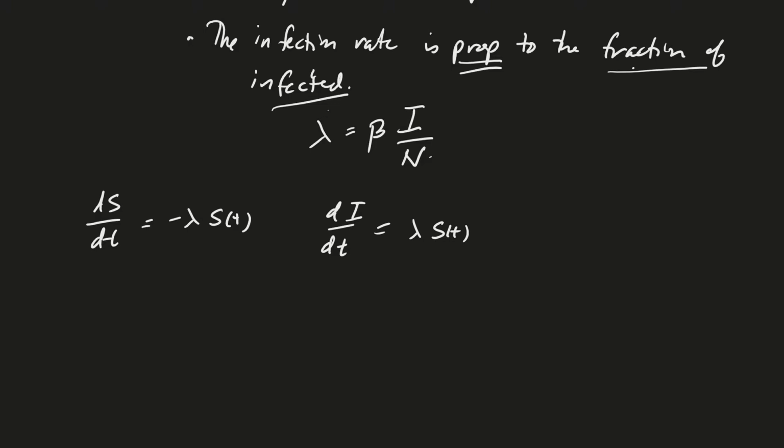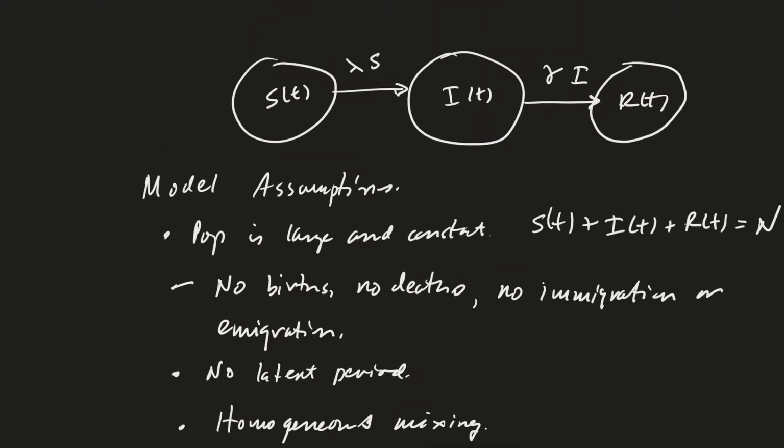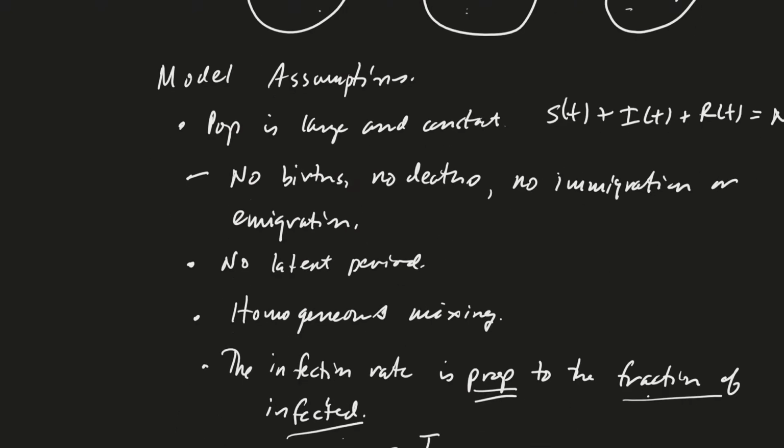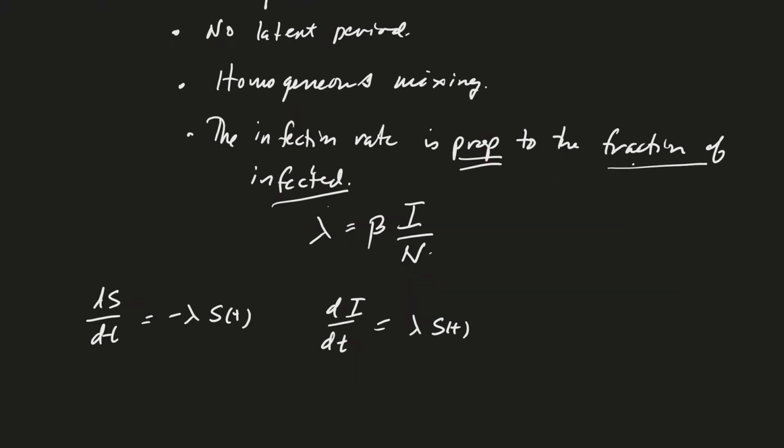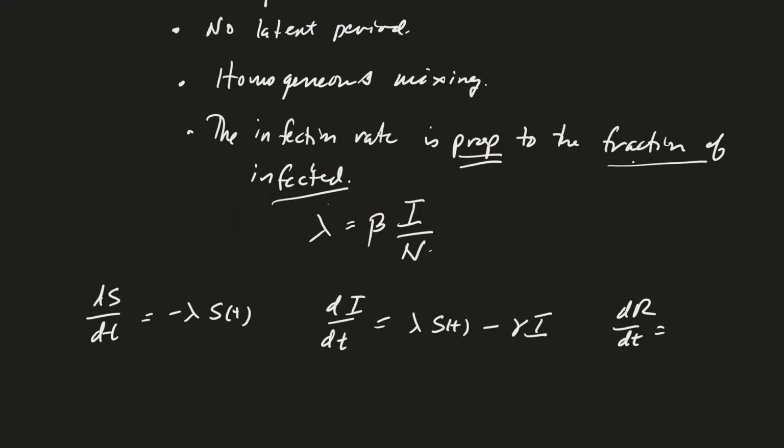So it's incoming from S and outgoing to R, right? And so that means we have minus gamma times I. Good, and then dR/dt is just going to be, the incoming is just going to be gamma times I. Good.